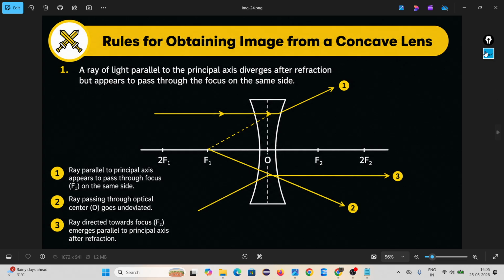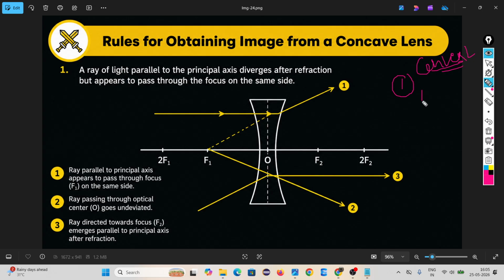Okay, tell me the 3 rules in concave lens. In convex lens, rule number 1: if light is coming parallel to principal axis, it meets at F2. If light is coming from F1, it remains parallel to principal axis. If light passes through optical center, it remains undeviated.